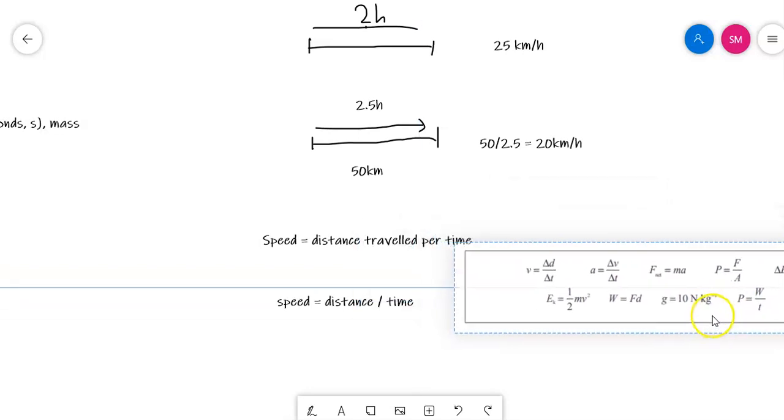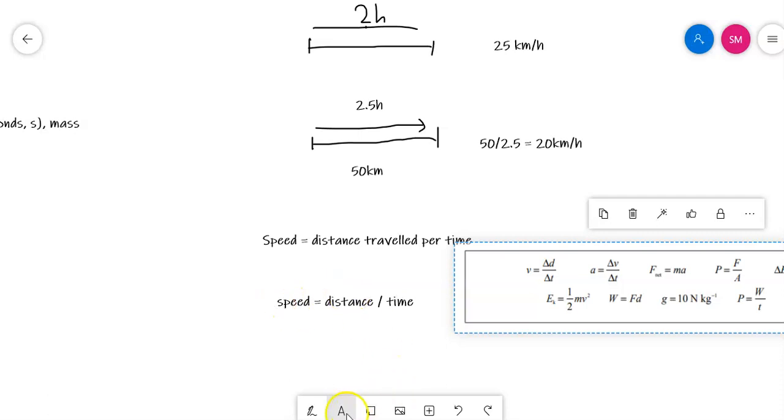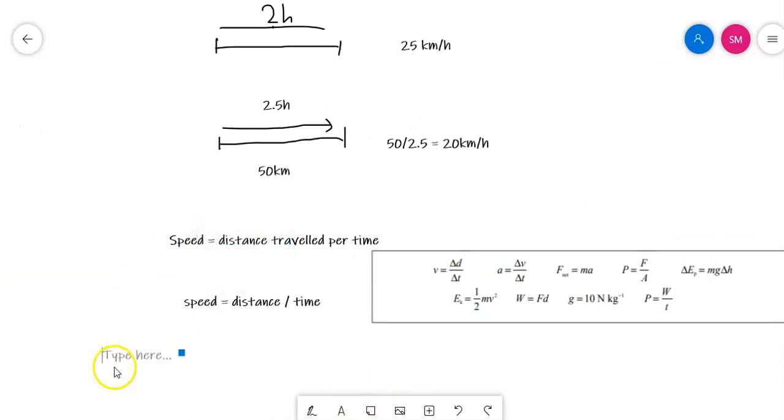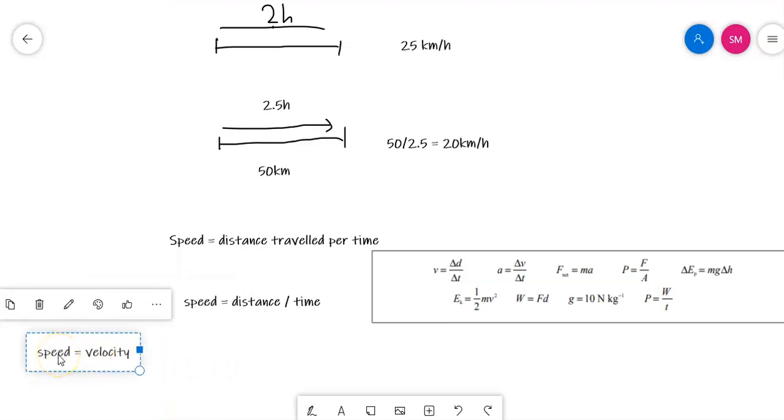For this course, speed is used interchangeably with velocity. Velocity is something you'll learn more about if you continue doing physics through to level 2 and level 3. But for this course, we just use speed and velocity interchangeably, so you can think of them as the same thing.